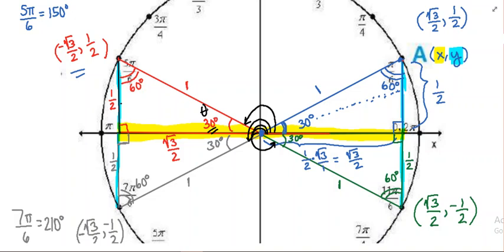In the same fashion, we use this triangle to get the coordinates on the unit circle. We're going to use this triangle for 150 degrees to get the values of the trig functions. So we will be using this triangle even though it's not 150 degrees in the triangle.